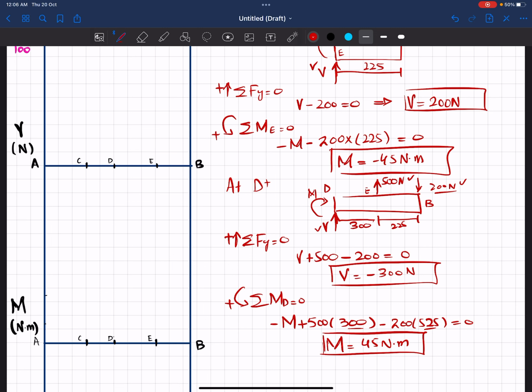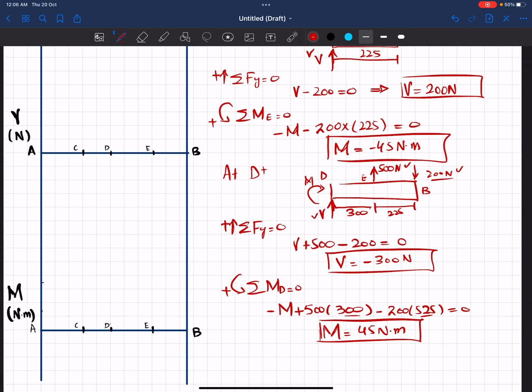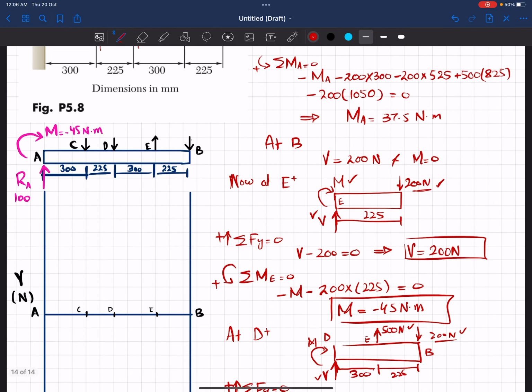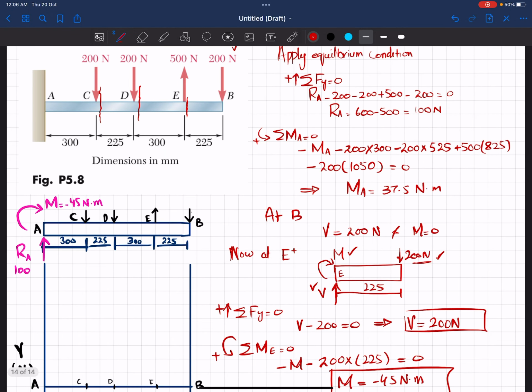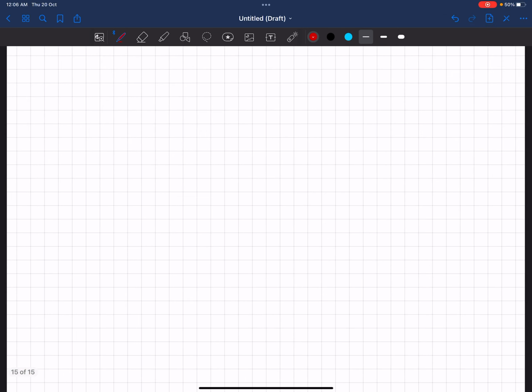Now we have left the third portion, that is C plus. So we will cut the beam at C plus. For that I have to move to the next page. At C plus we have to draw the beam again. This is point B where we have a load of 200 Newton.